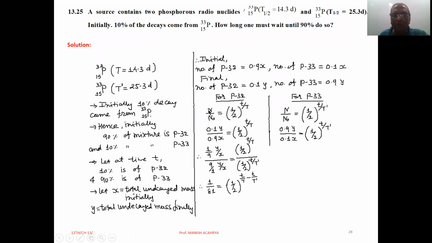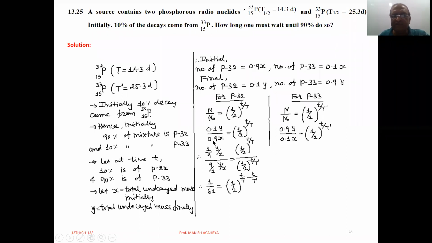Now for 32, N, that is final, 0.1y upon 0.9x initial, is equal to half to the power t upon capital T. Similarly here for 33, final is 0.9y, initial is 0.1x, equal to half to the power t upon T dash. So now here take the ratio of these two.